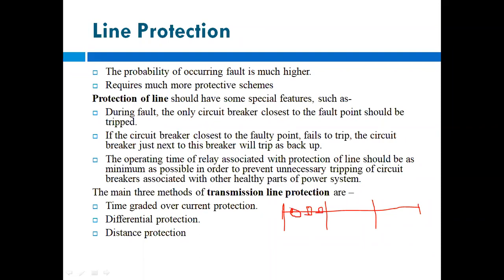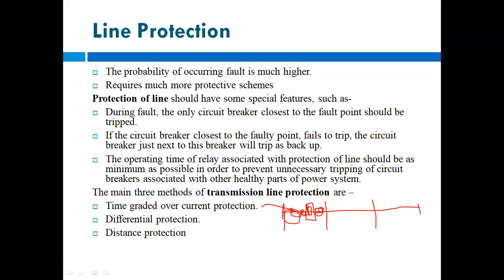Suppose these are your circuit breakers, and this one is your relay. If some fault occurs here, then which circuit breaker should operate first? Your nearest circuit breaker should operate.